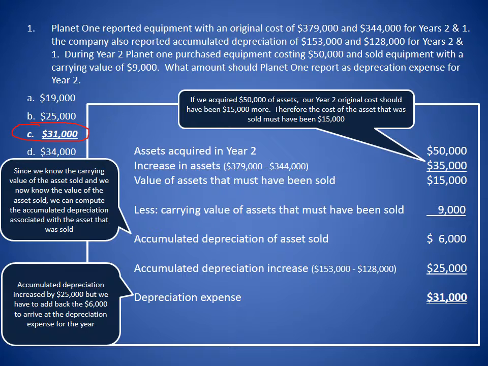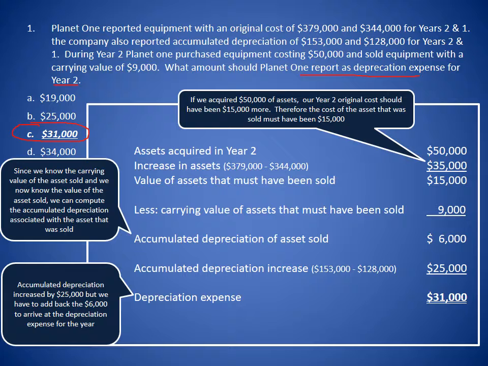We're asked to come up again with the amount of depreciation expense for year two, and everything being equal, with no other transaction, the amount of depreciation expense should equal the increase in the accumulated depreciation account. But we have to allow for potential transactions that could affect the accumulated depreciation account. And in this case, there are some transactions.